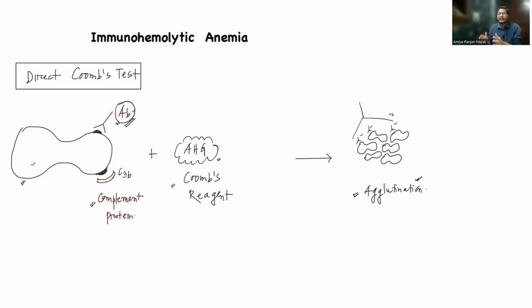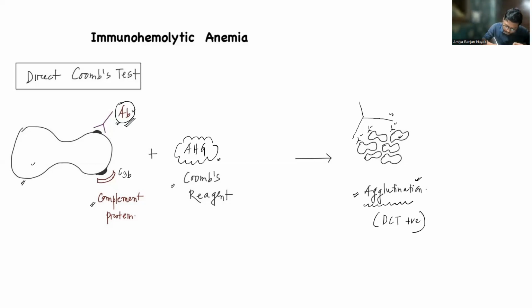So after adding the Coombs reagent or the anti-human globulin to the RBCs, if there is agglutination, that means these RBCs are already bound to the antibodies. That is why they are producing the agglutination, and if they're producing agglutination, we call it DCT positive. That means direct Coombs test positive. Okay, so I hope it is clear.